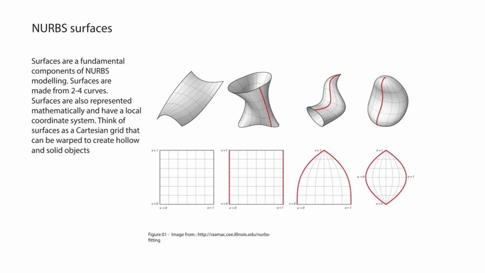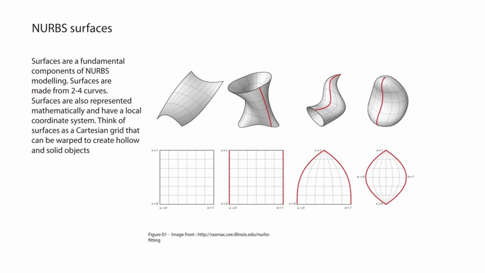A NURBS surface is similar. A NURBS surface will typically be made out of 4 edges. These 4 edges, when combined together, create a local Cartesian grid, and different ways of connecting the surfaces together will give you different forms. So, as you can see here, the shapes on the top of the screen are all made out of one single surface.